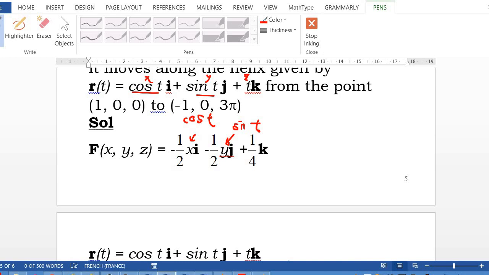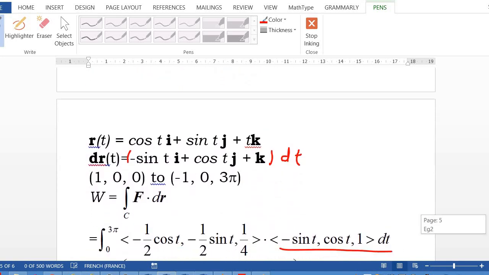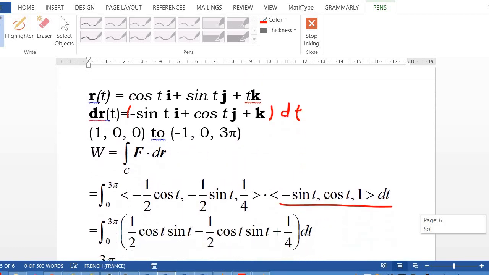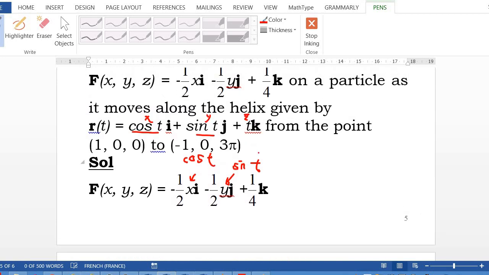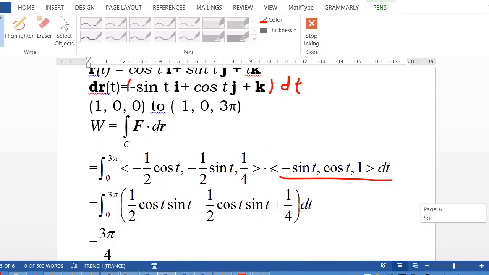So with vector F, you have negative half cos t, then component j, negative half sin t. The k component is constant, 1/4. Later on you do the dot product here.